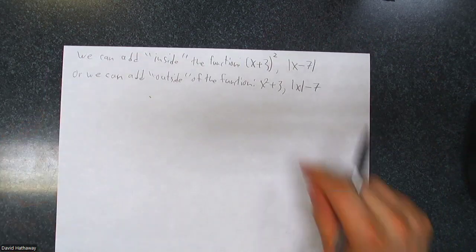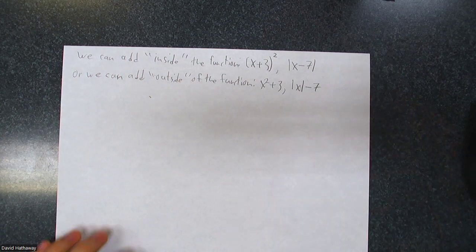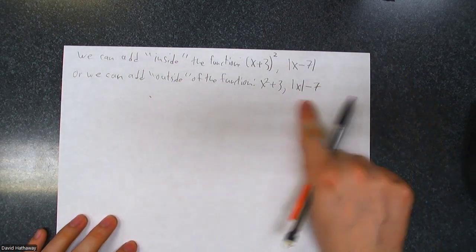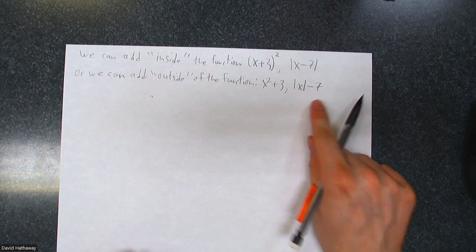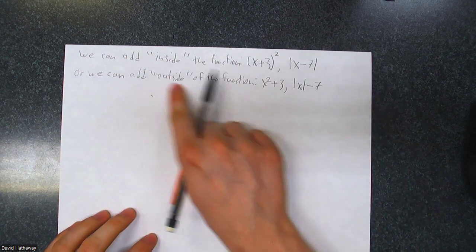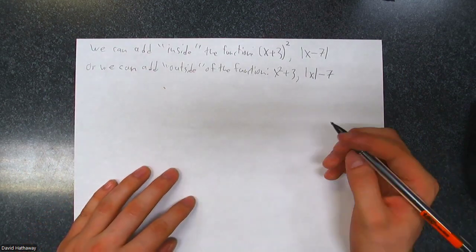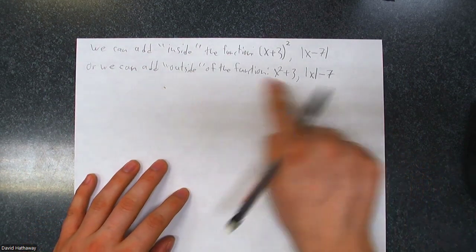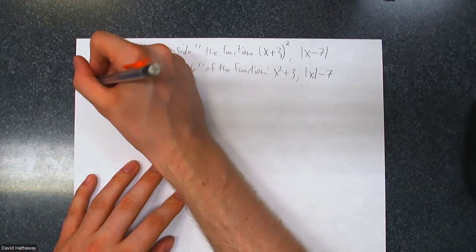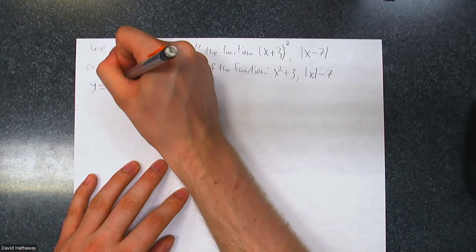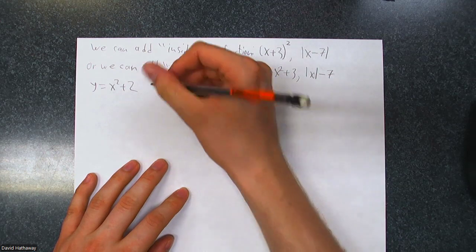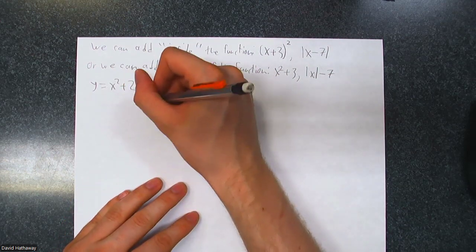Okay, and these are going to do different things to our function. Let's start with the things that we're doing outside of the function, it's a little easier to think about. So if we think about adding something outside of the function, like y equals x squared plus 2, well, what is that going to do?